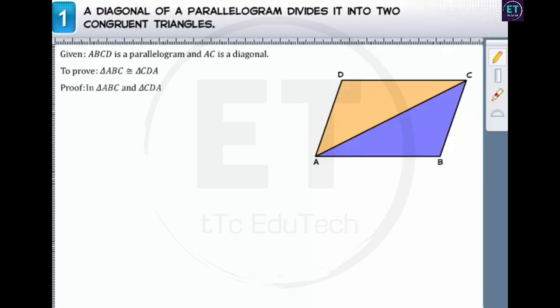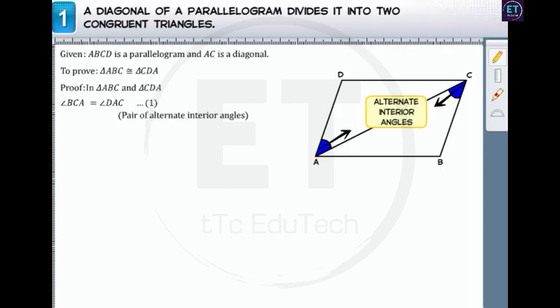In triangle ABC and triangle CDA, angle BCA is equal to angle DAC. Since AD is parallel to BC, and AC is a transversal, they form a pair of alternate interior angles.